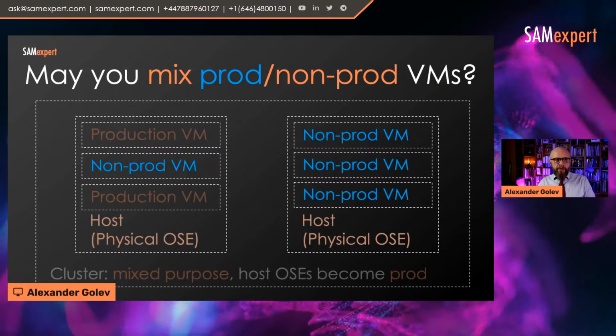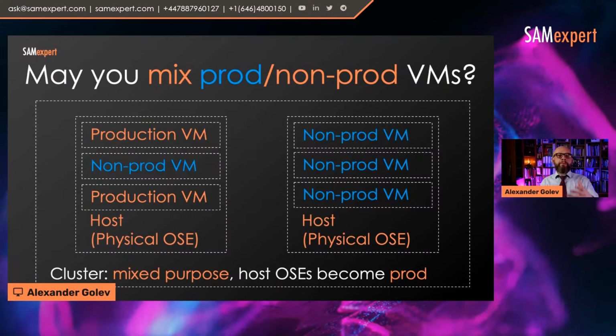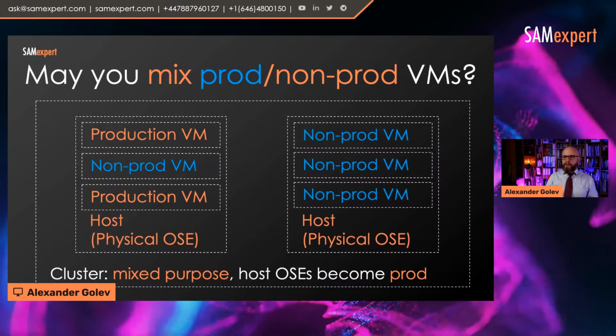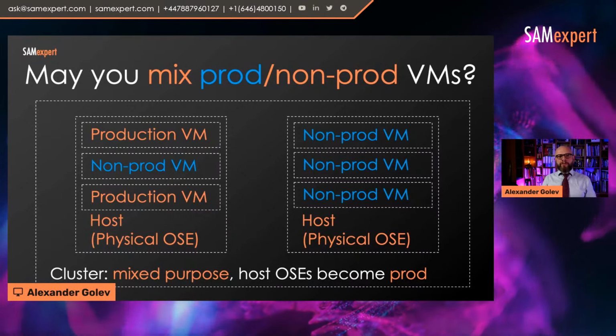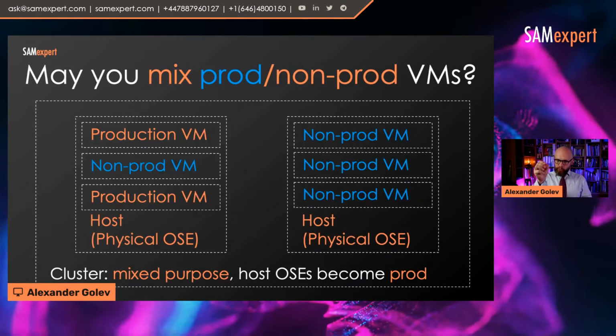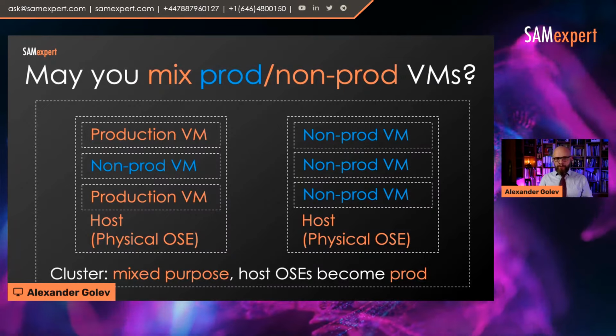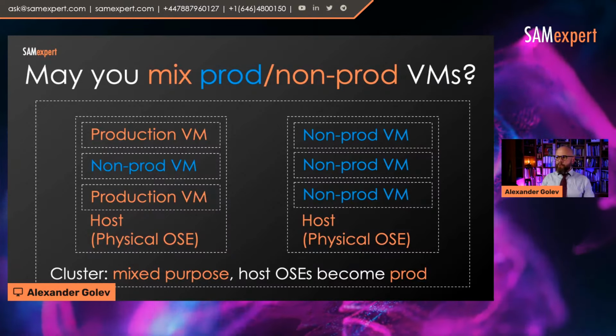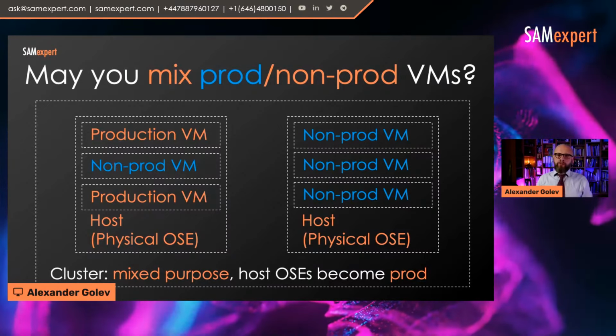What happens if somehow, for example, a good example here would be, you have an instance of Azure DevOps Server in this cluster, which is, as I told you before, a production workload. Or you have any other monitoring machine, which is also a production workload.